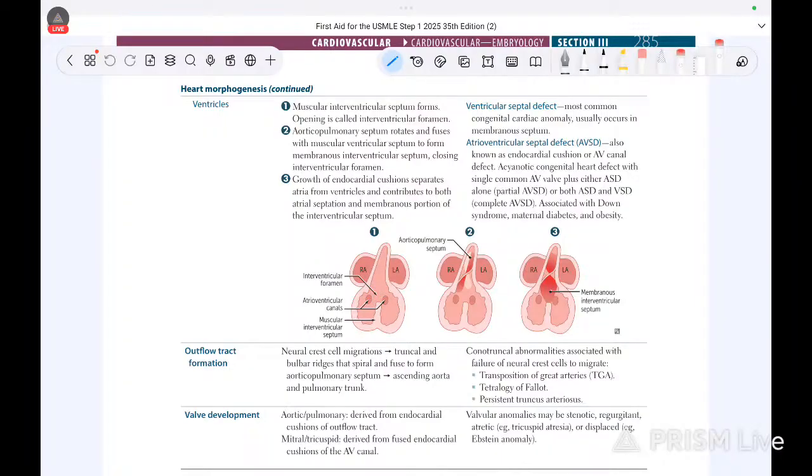The aorticopulmonary septum rotates and fuses with the muscular septum to form the membranous interventricular septum, and hence it closes the interventricular foramen. So there is rotation and fusion, and in the third step we see growth of the endocardial cushion, which separates the atria from the ventricles.